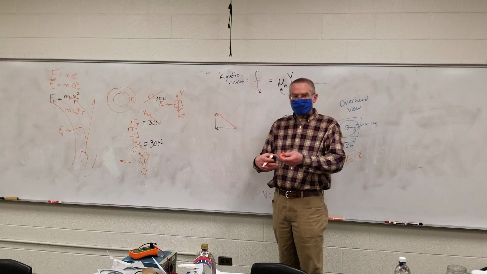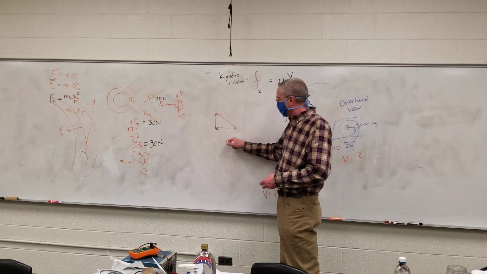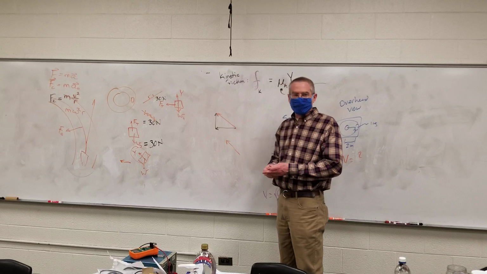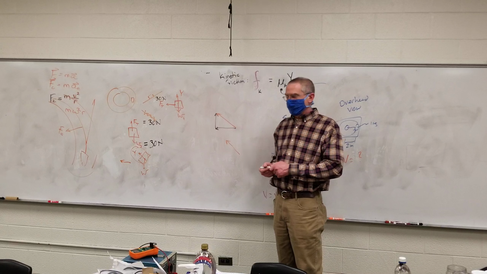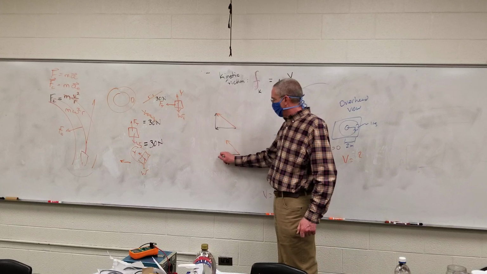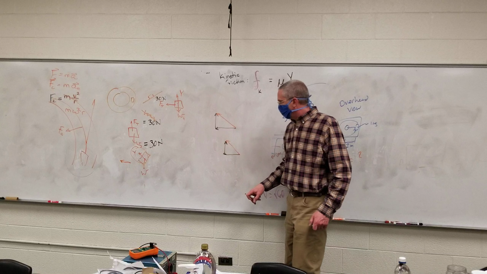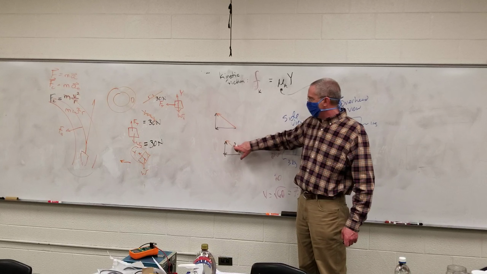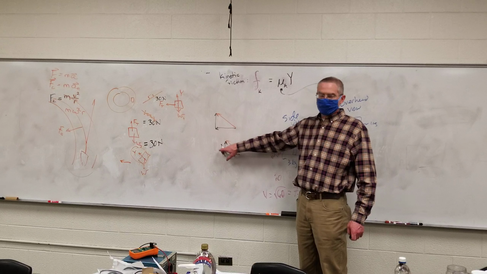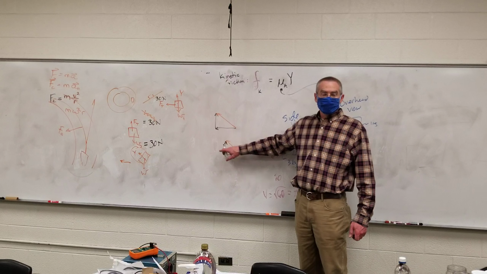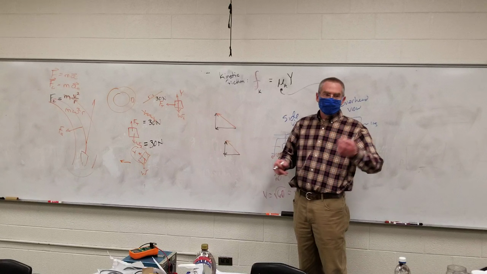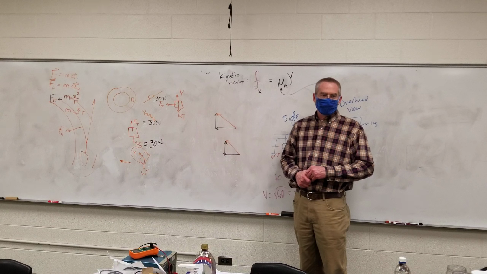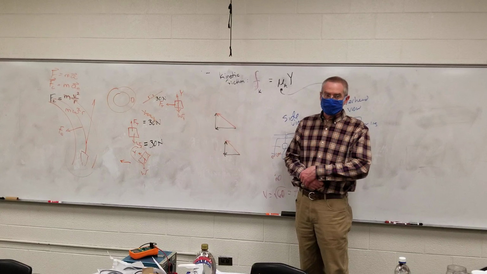You can do the reverse process, where I have a force going like this and I want to figure out what I add together to get that, where one of them is horizontal and one of them is vertical. So this is breaking a force up into its horizontal and vertical components. Its horizontal component is what makes it go in. That is the centripetal force, the horizontal component.